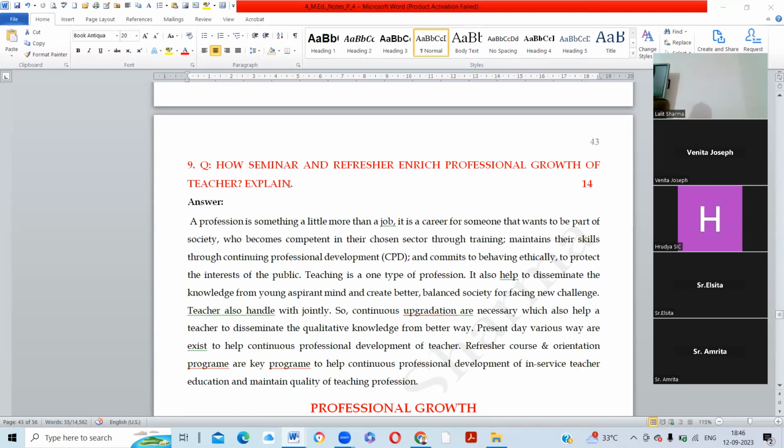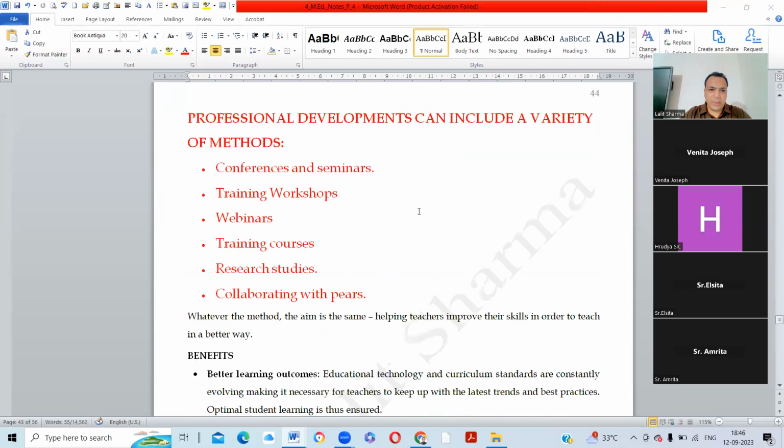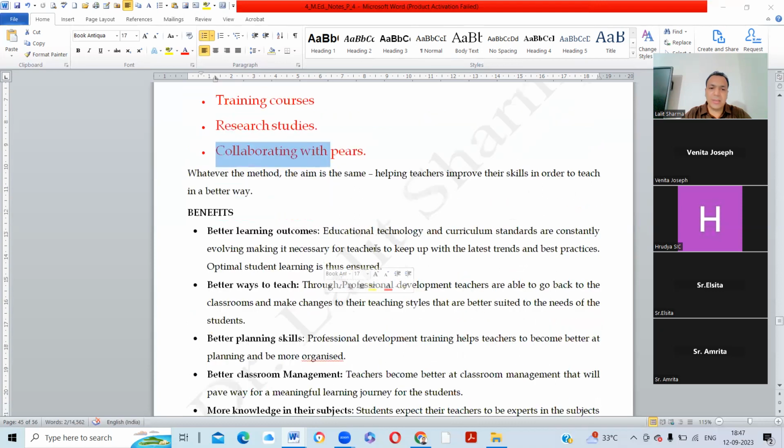These programs are conducted by many agencies in order to upgrade the knowledge and teaching skills of the teachers who are already on the job. They are also beneficial for the pre-service teacher. It is written here: conferences and seminars, training workshops, webinars, training courses, research studies, collaborating with peers, right?